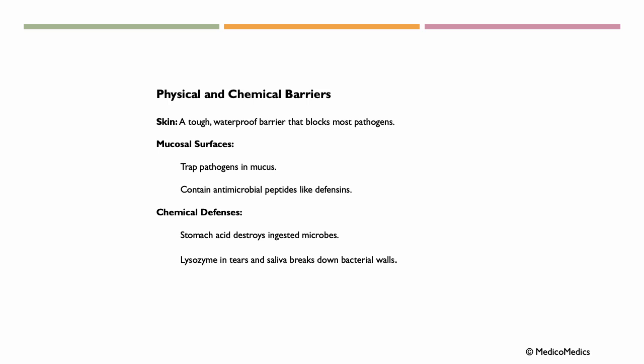So the physical and chemical barriers, as mentioned, include, for example, skin, which is a tough, waterproof barrier that blocks most pathogens. We also have our mucosal surfaces, which help trap pathogens in mucus. These surfaces also contain antimicrobial peptides like defensins.